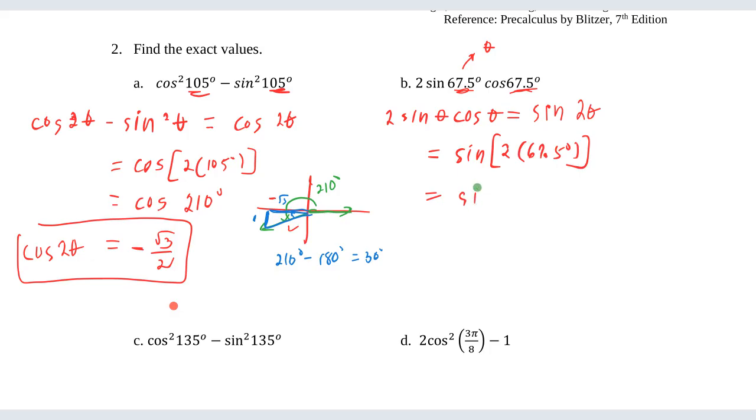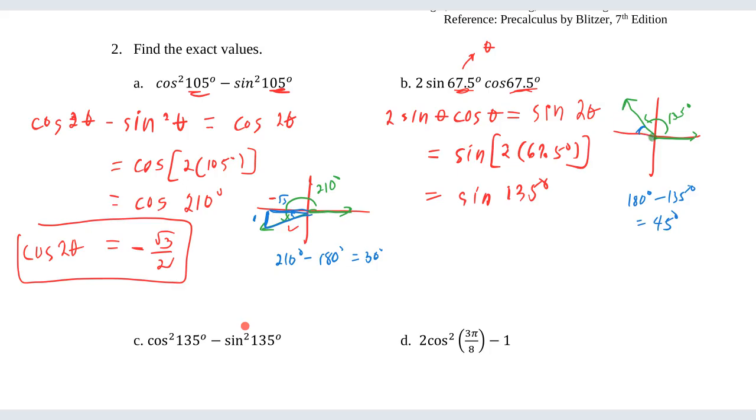So now we have sine 135 degrees. Evaluating this, I will be doing exactly what I did here. We know that 135 degrees would be in quadrant 2, and the reference angle would be 180 degrees minus 135 degrees, which is equal to 45 degrees.